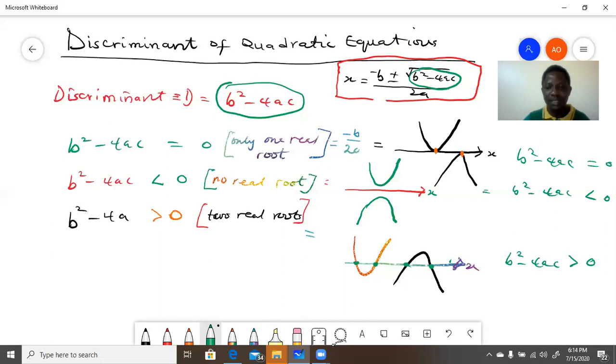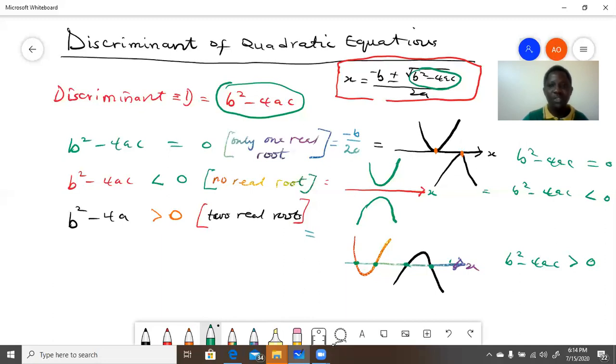We can have less, we cannot have more. We can have 2, we can have 1, we can have no roots. And I told you what we use to find out how many roots your quadratic function will have, even before you solve to know the roots. You can use your discriminant.